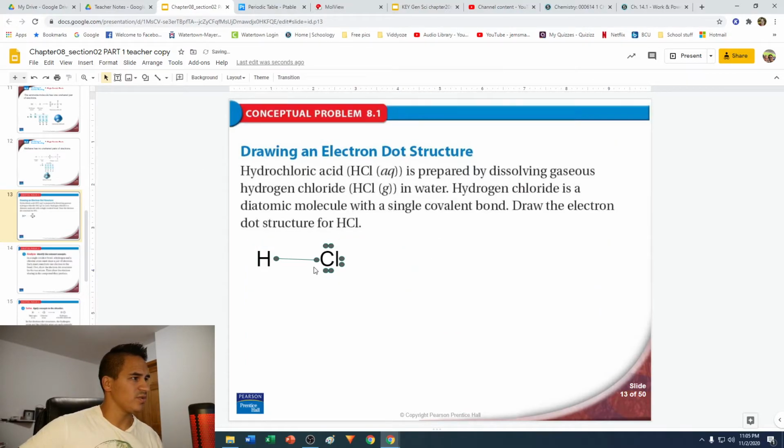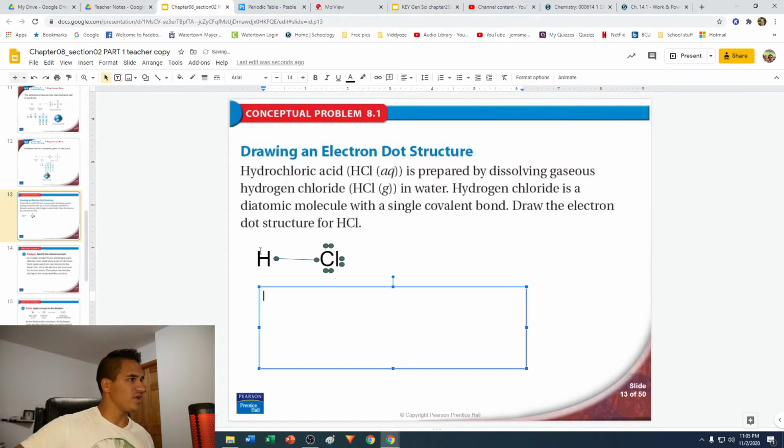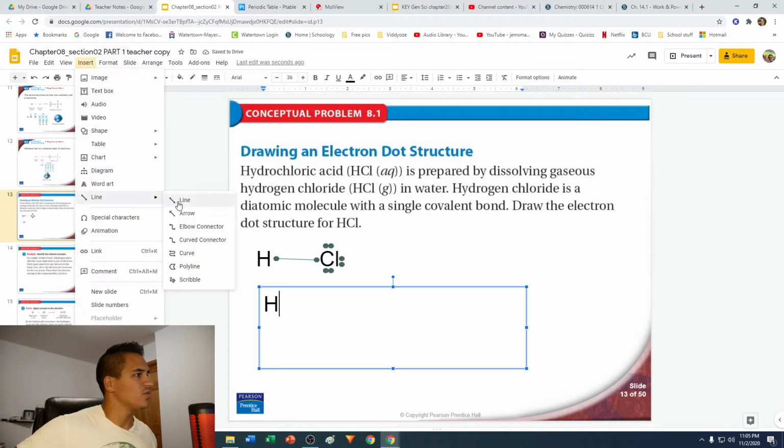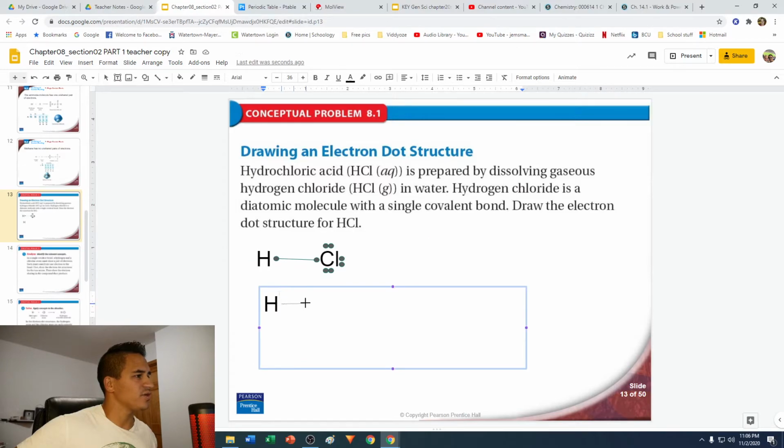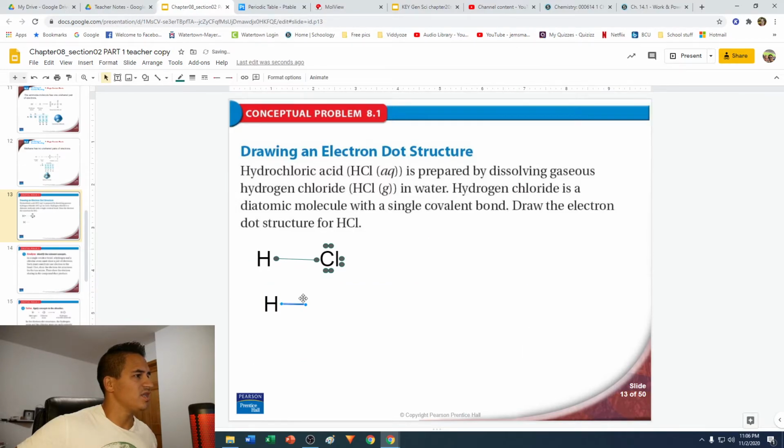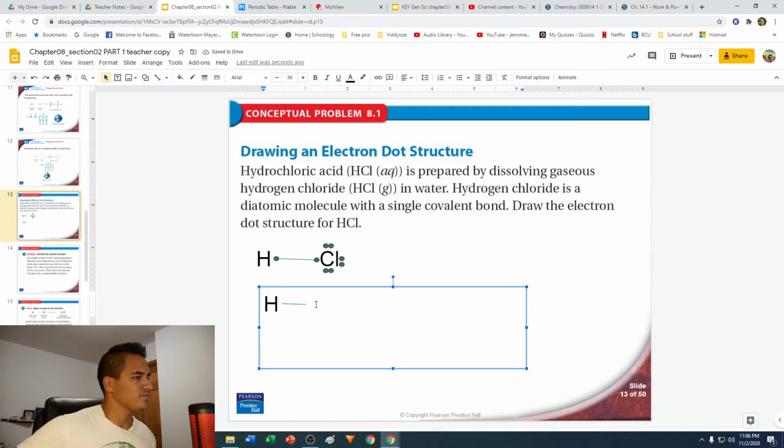I can't really type anymore, so we're going to just insert a new text box. We are going to have H with a line, and we're going to draw this as a structural formula here. So we're going to have H with a line, and then Cl.